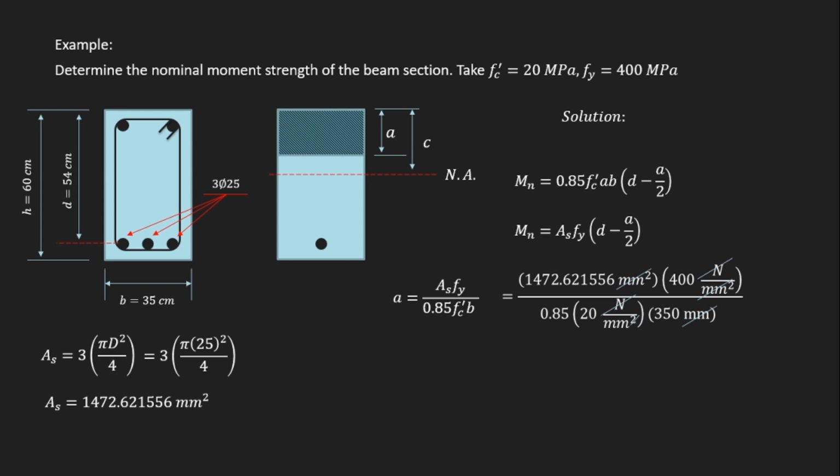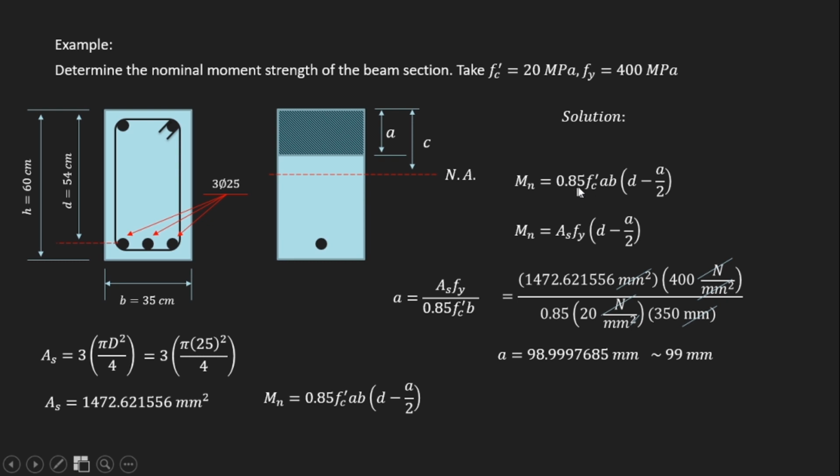So, pwede nyo guys i-pause yung video and i-calculate yung value of a. So, yung a natin, that is 98.9997685 millimeters. Halos 99 millimeters na. So, now, any of the two formula, pwede natin guys ma-solve yung nominal moment capacity niya or nominal moment strength.